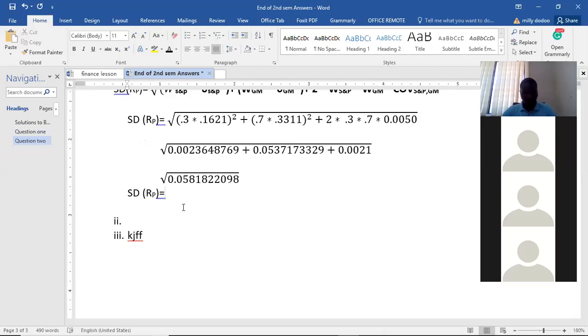This I don't need to wait. We just say square root of answer. These are some of the things people do. They delay in an examination hall. 0.24, which in a nutshell is equal to 24%.